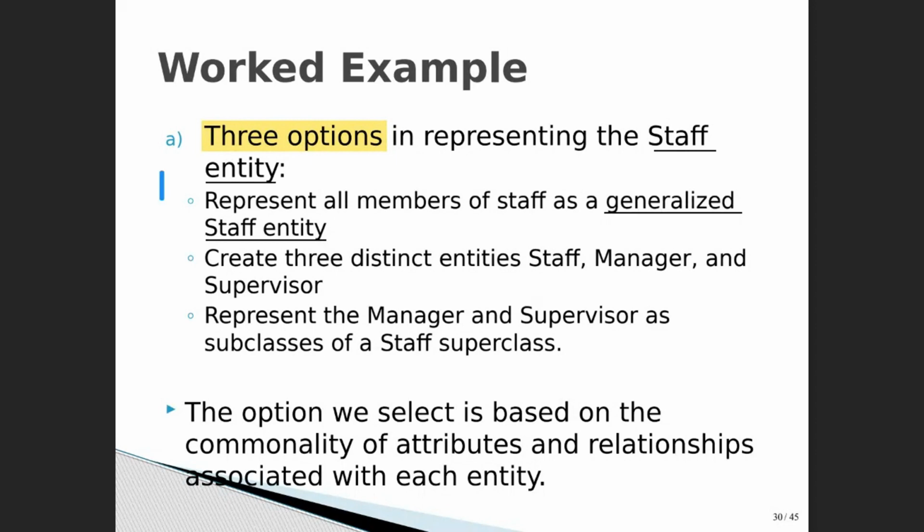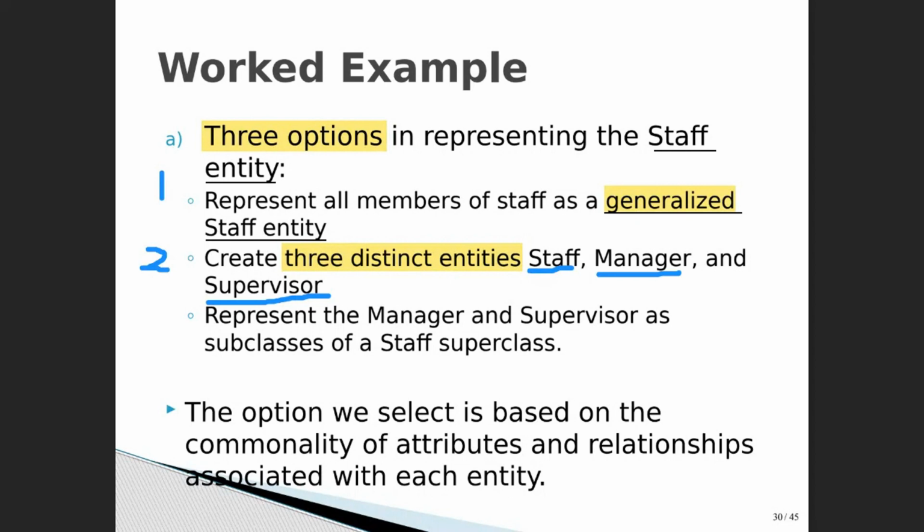Number two, we can also have three distinct entities, like staff, manager, and supervisor.